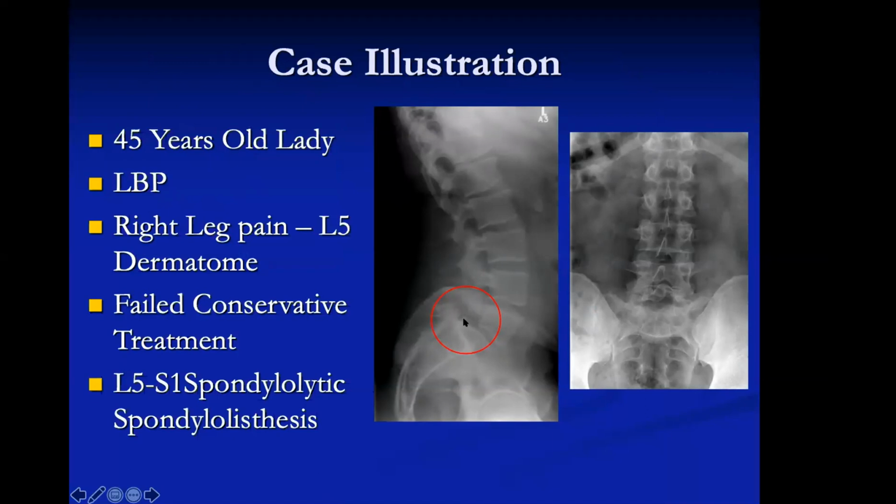These patients follow a pattern. In spondylolytic listhesis, you could have two types of pain. In the initial part of listhesis, in the younger age group, you get more of a discogenic variety of pain.